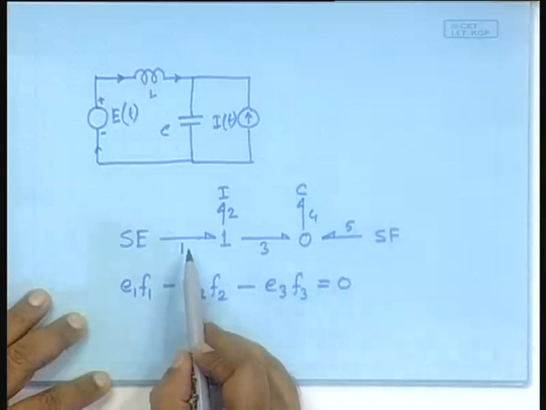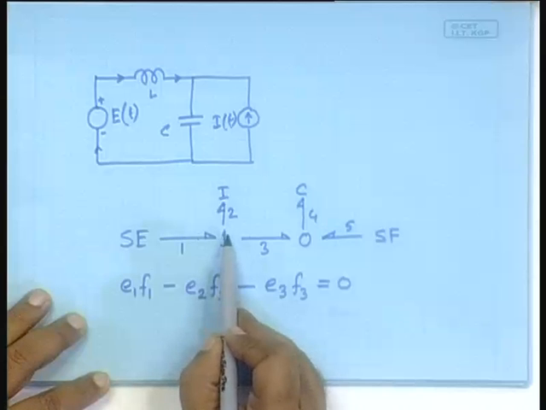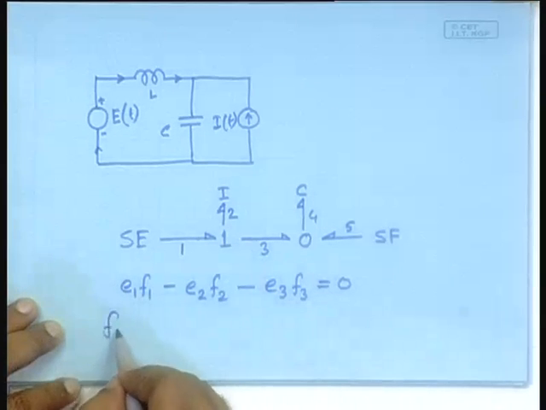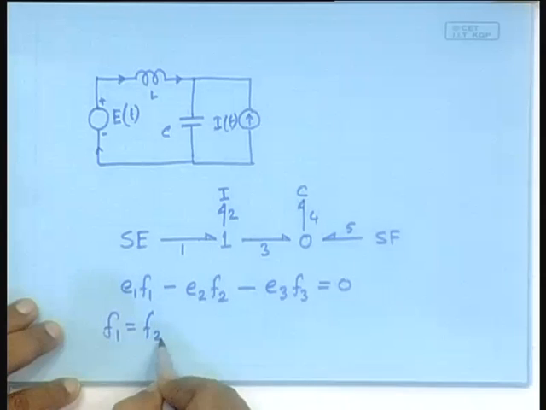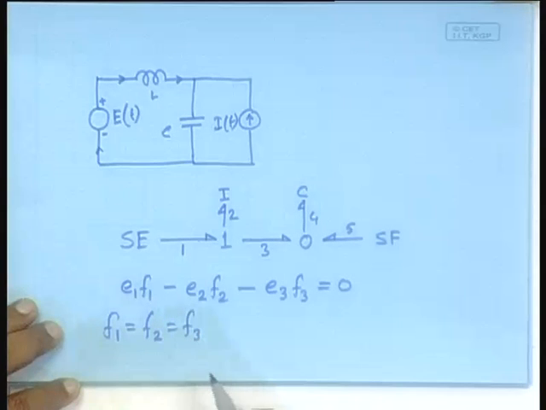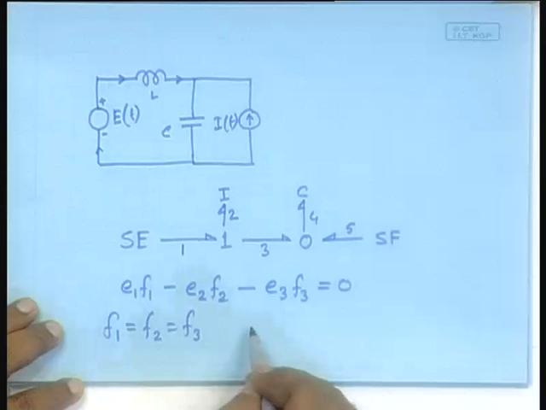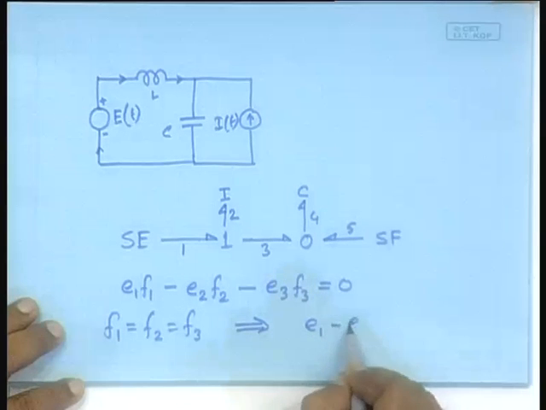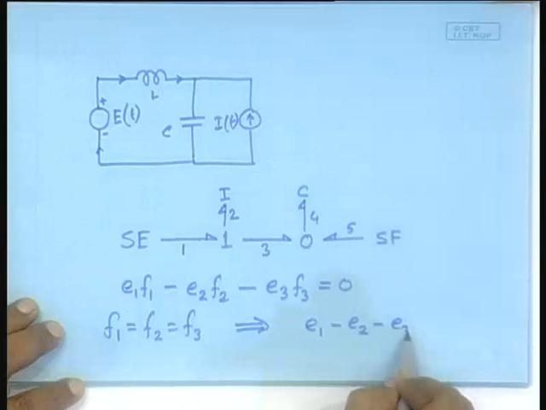Now, this is a one junction, and therefore all the flows are equal. So, F1 is equal to F2 is equal to F3. This immediately implies E1 minus E2 minus E3 is equal to 0.